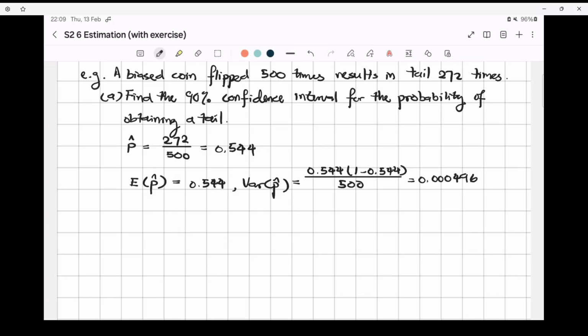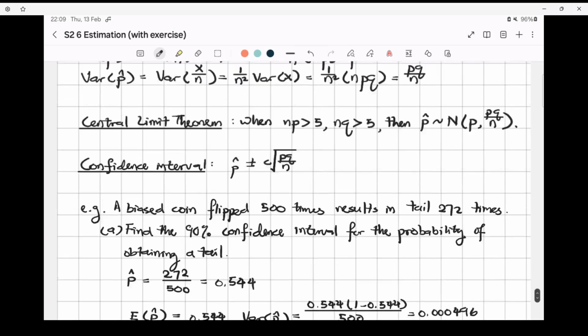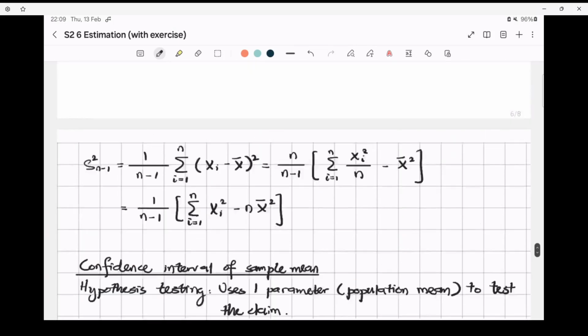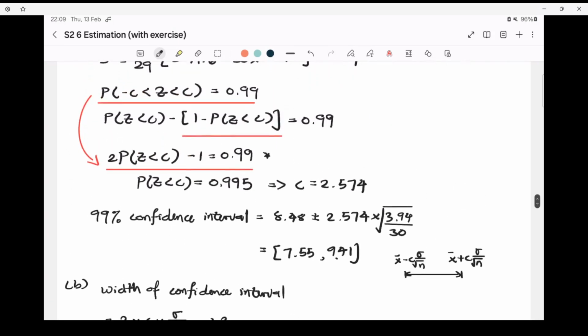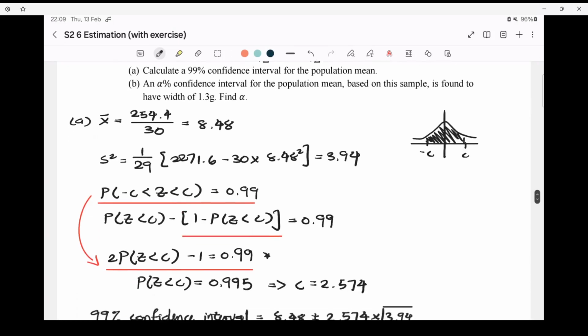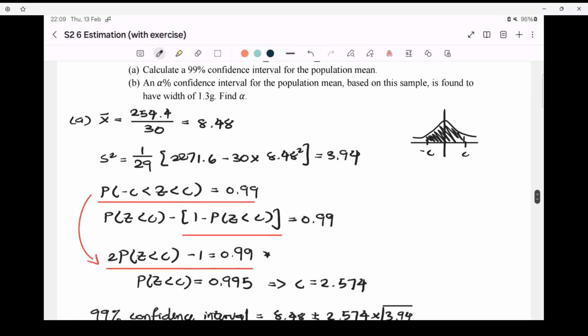Second step is to find the corresponding C value when your confidence interval is given by 90%. So from our previous examples, if you remember what we did from the last video, basically you are having the probability of z-score from minus C to C is given by that particular confidence level.